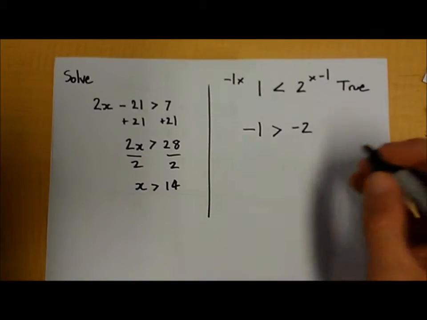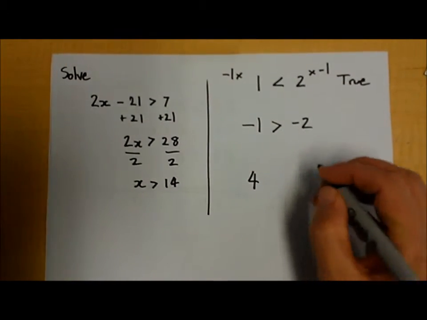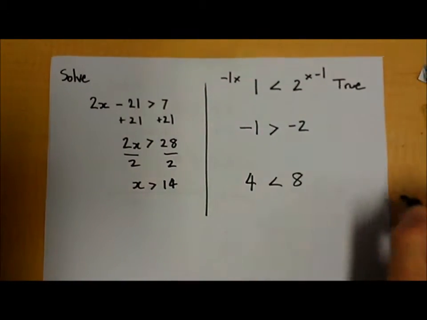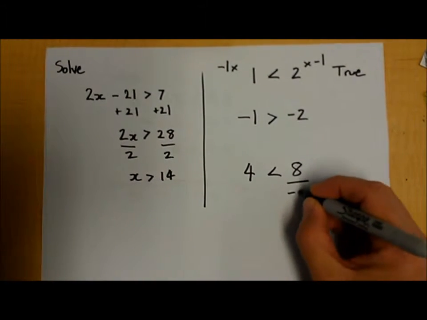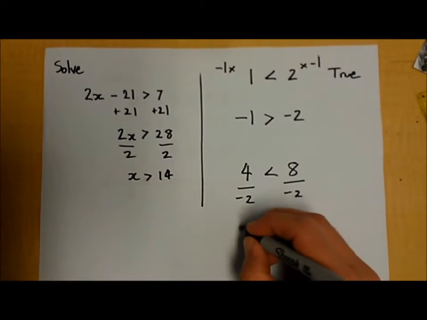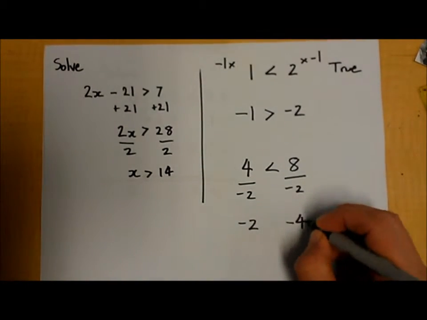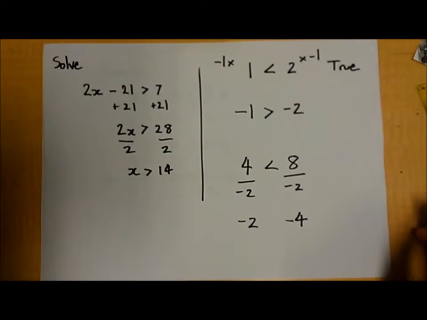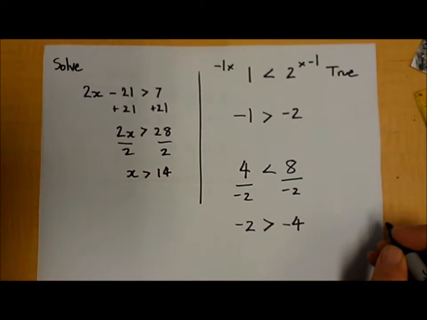Similarly, if we start off with a number such as 4, it's less than 8. But if I now divide both of them by negative 2, 4 divided by negative 2 is negative 2. 8 divided by negative 2 is negative 4. And again now if you have a look at what's happened, this number is now larger than this one. So again I'm changing the sign.